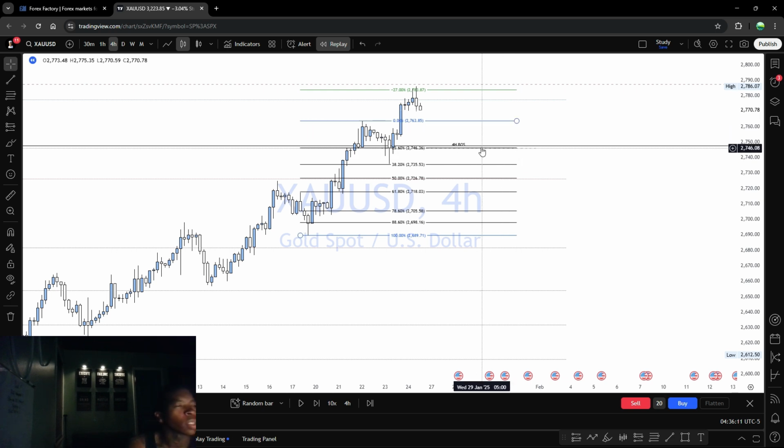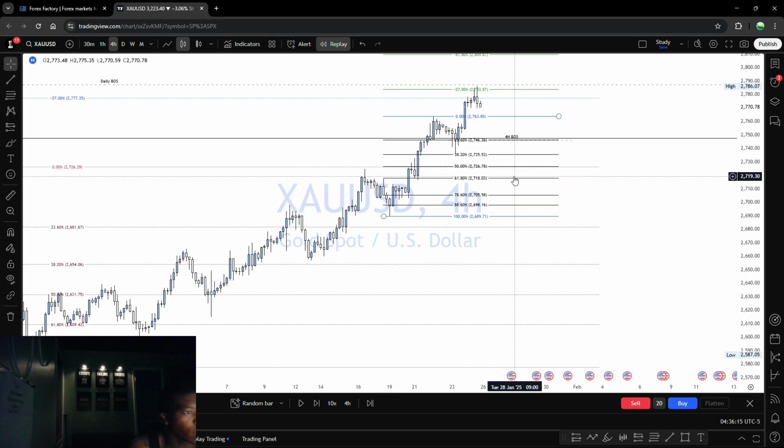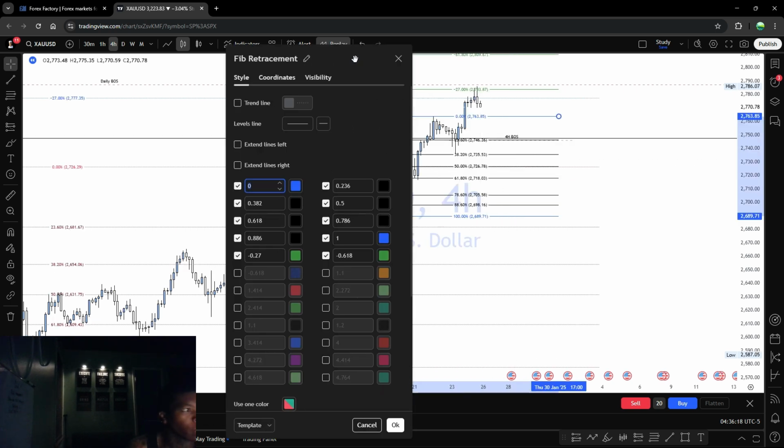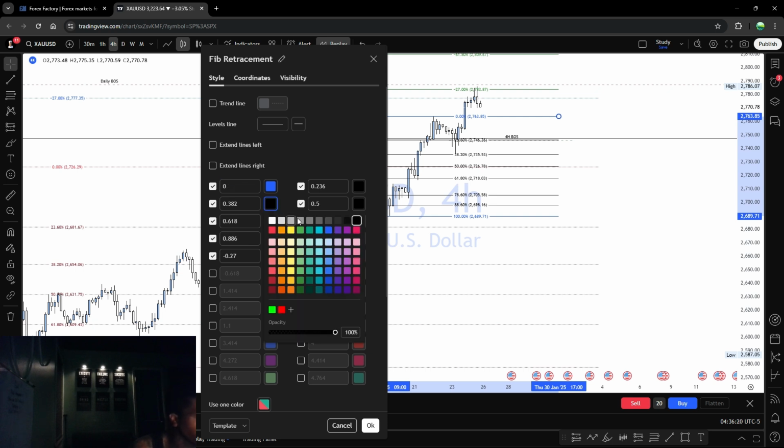So I kind of want to see if I can change this, maybe from the black to some type of lighter color.